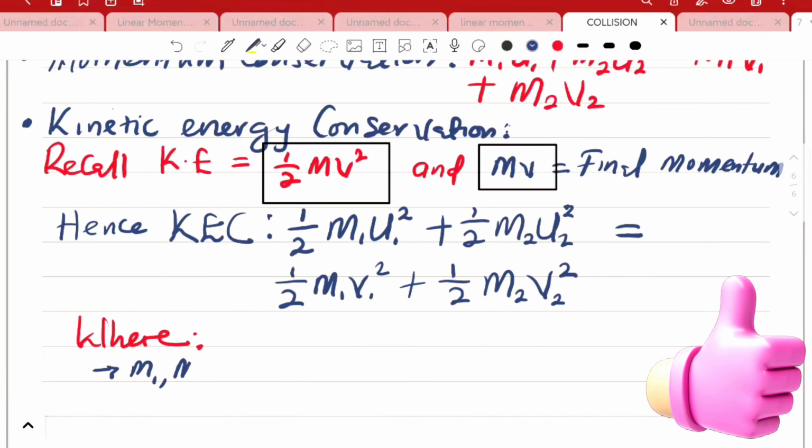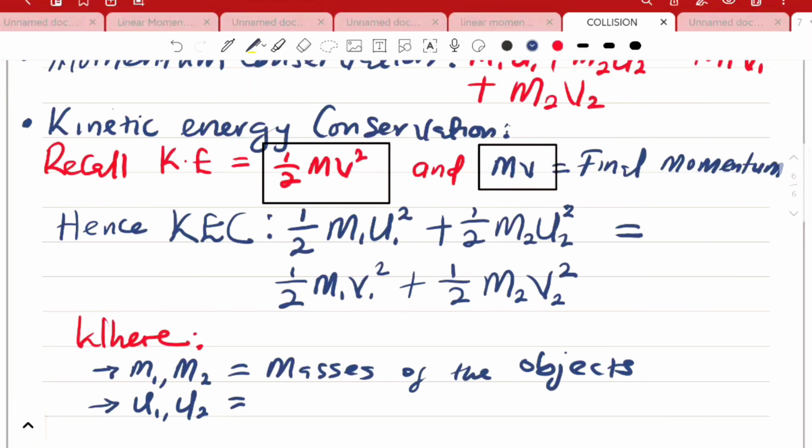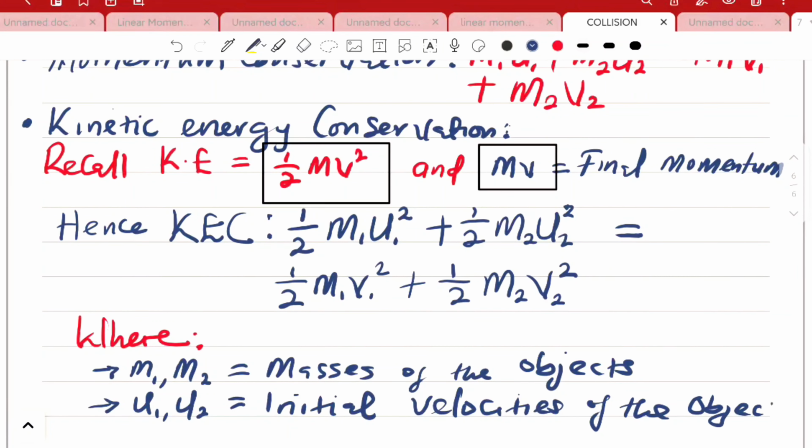Where m1, m2 are the masses of the objects. Then u1, u2 are the initial velocities of the masses m1 and m2.